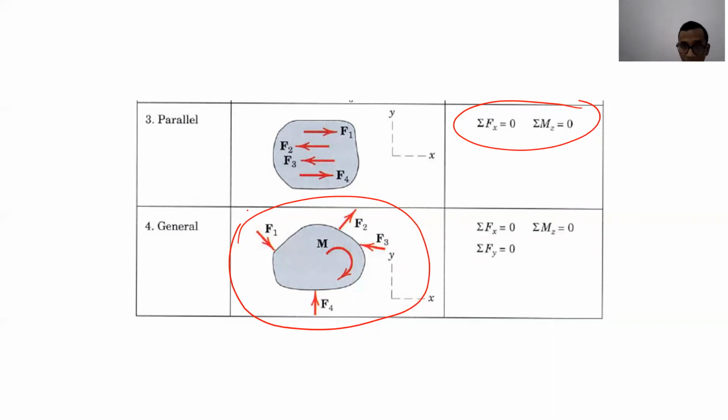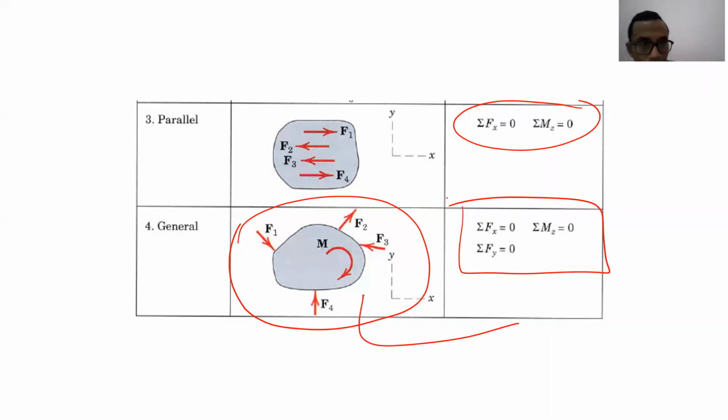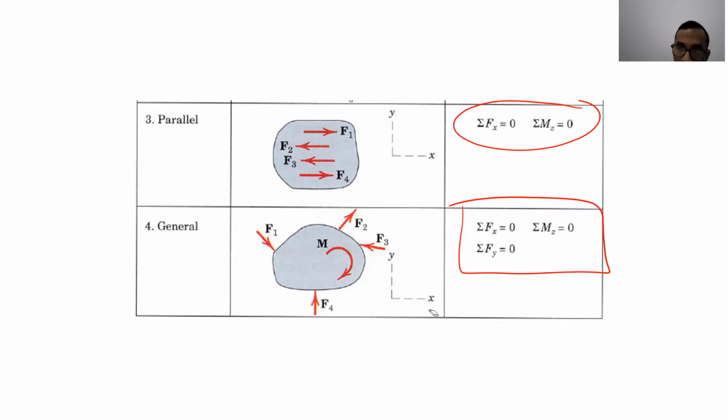So for this kind of condition, we can solve it using all three equations that we have: sigma Fx equal to 0, sigma Fy equal to 0, and sigma moment z equal to 0. So this is the example of free body diagram. Jadi ini adalah contoh-contoh dari free body diagram ya.